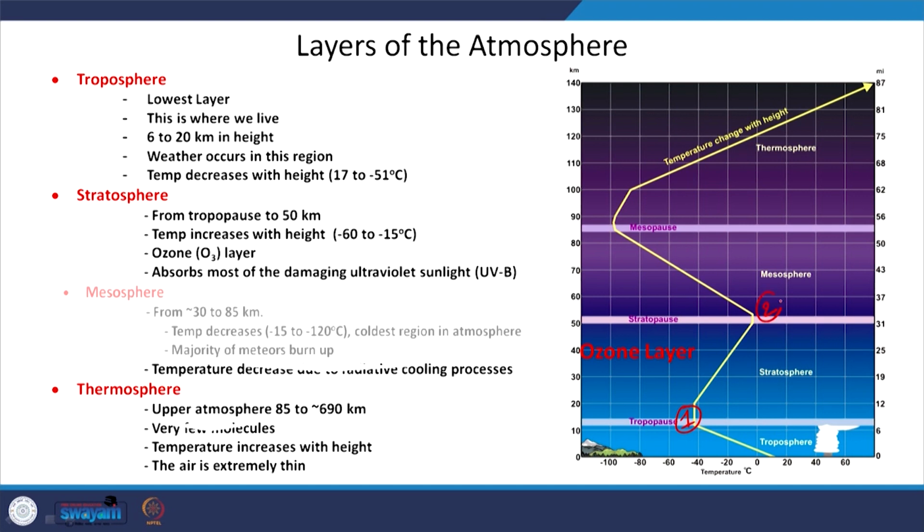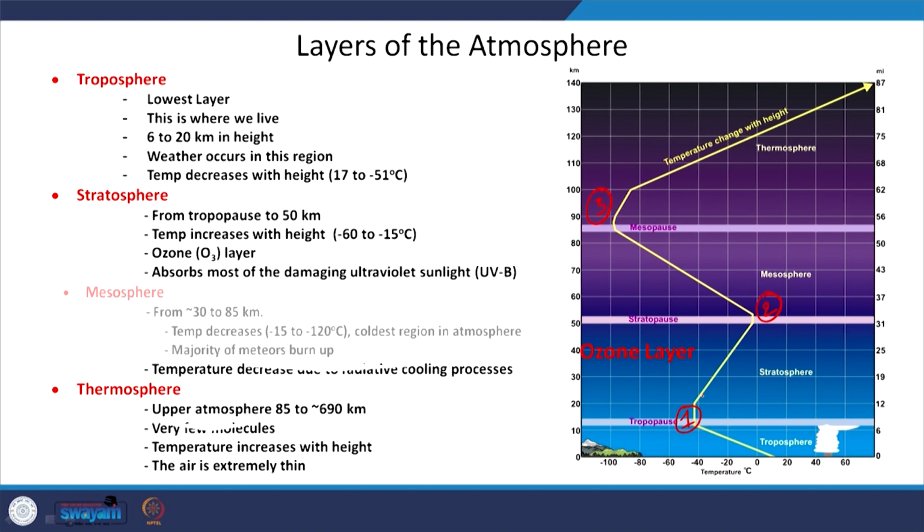Then you see the second turning point, where the temperature was decreasing up to one point, then increasing up to this point, then it starts to decrease. Then again you see a turning point here where the temperature starts to increase with height. At these turning points, we have defined the layers. So, every time it crosses a turning point, you have a different layer in the atmosphere.